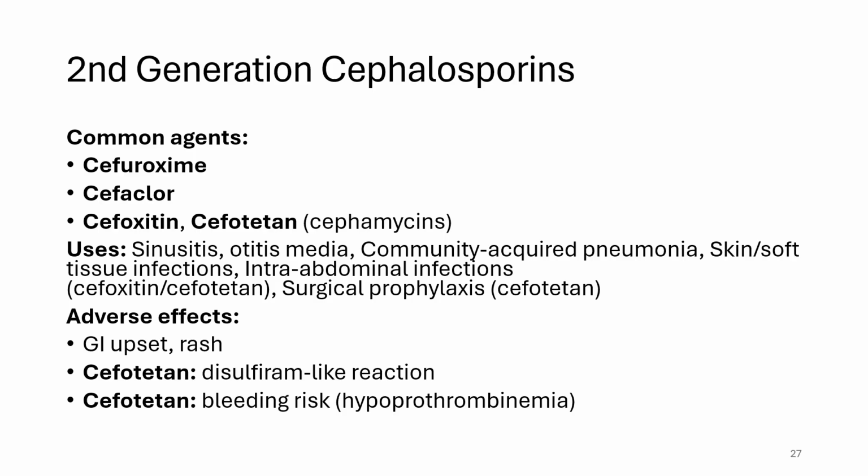It can also increase bleeding risk due to the risk of hypoprothrombinemia. So when you see a question about intra-abdominal infection or surgical prophylaxis with a second generation cephalosporin, you're thinking of cefoxitin or cefotetan, and remember those unique adverse effects.